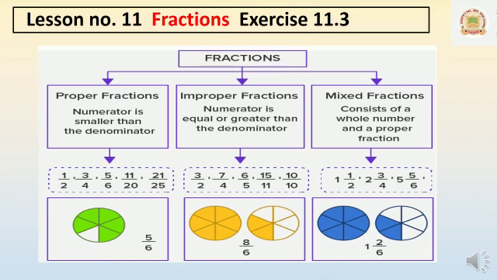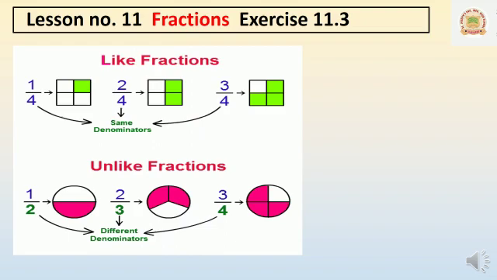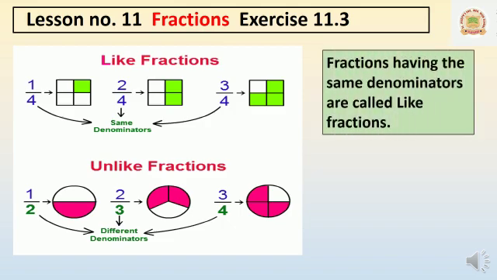Now let us continue this part. Like fractions and unlike fractions. What are like fractions? In a given set of fractions, if all the denominators are same, we call it like fractions.